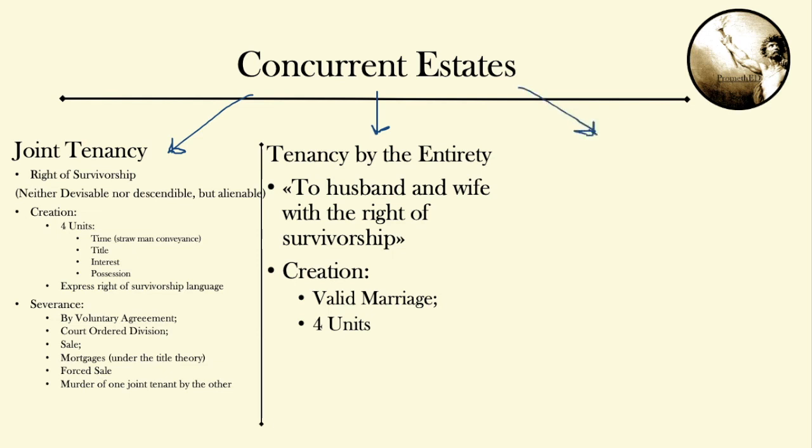Another requirement is the four unities, which are the same as for the joint tenancy. Of course, since a valid marriage is required in order to create a tenancy by the entirety, a divorce would automatically sever a tenancy by the entirety.